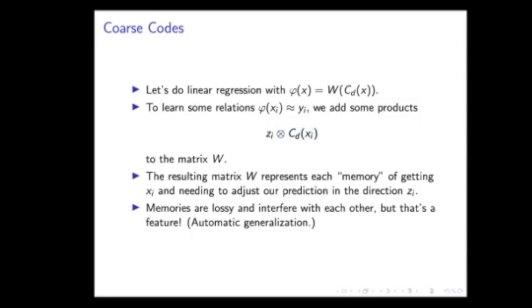Because when I pass something through this model, if W is a sum of things of this form, the output of the model is a sum of things of this form, multiplied on the right by the input I gave it. The place value code is very strange from the point of view of cosine similarities, so I have no idea what would happen there. I hope that's clear now.